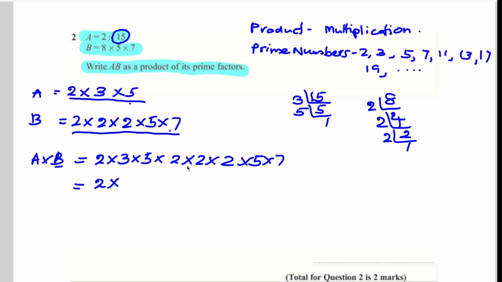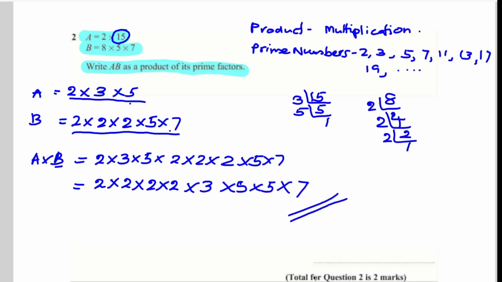I'm having three 2's here, so let's write them close together. We have one 3 here, and two 5's, and one 7. So this is the answer.